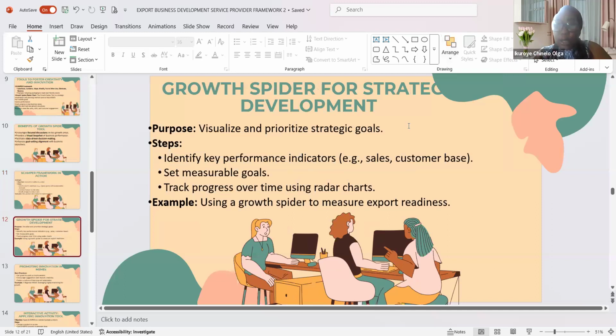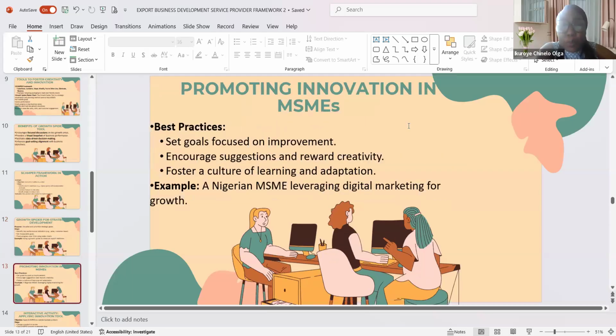Visualize and prioritize your strategic goals. For doing that, you need to identify key performance indicators, whether it's sales or customer base. Then you need to set measurable goals. Then track your progress over time using radar charts. Like I talked about, you need to use the Growth Spider to measure your export readiness, to see the growth in your business.